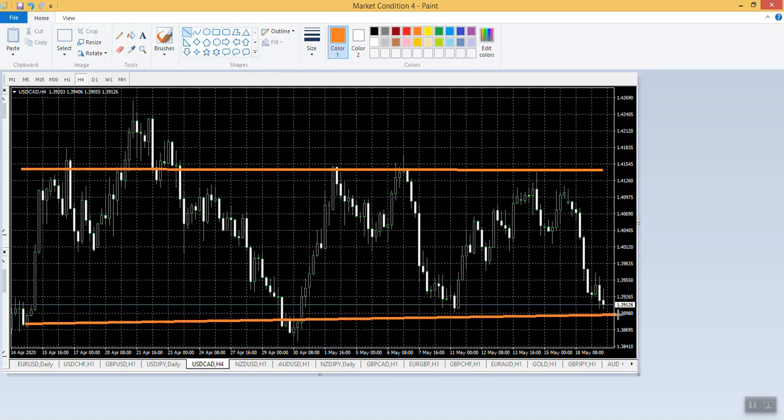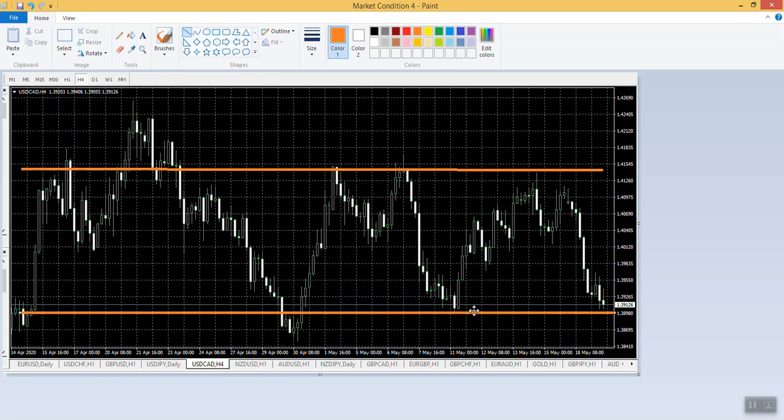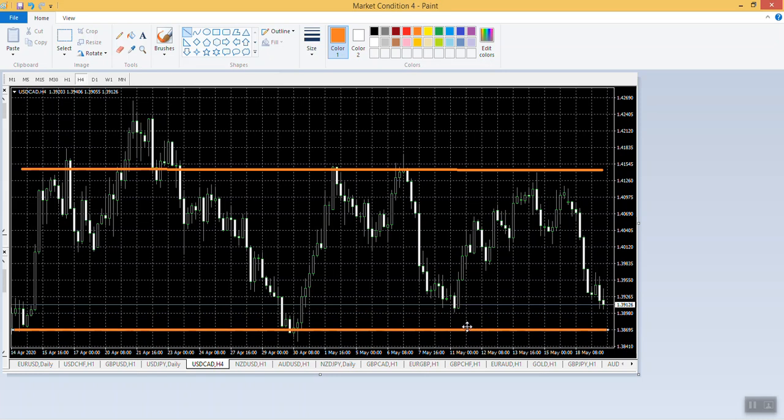Look at it. We notice this pattern here as well. For the past 4 hours, you can see here.